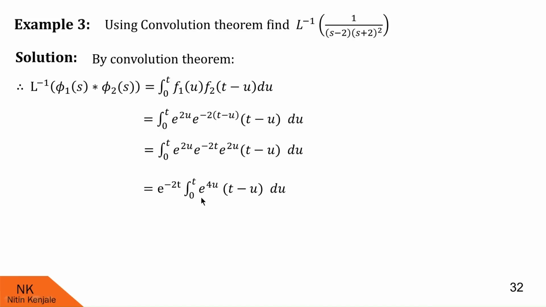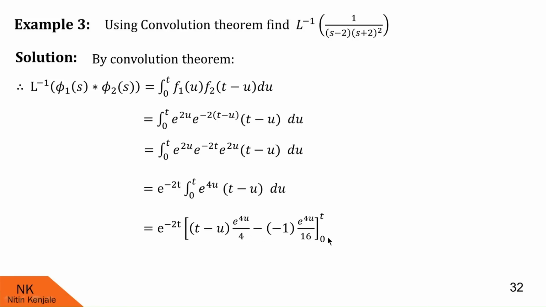In this, we are going to keep u as (t minus u) and v as e raised to 4u. So according to the by parts rule, the integration of this product is (t minus u) into the integration of e raised to 4u, which is e raised to 4u upon 4, minus the derivative of (t minus u), which is minus 1, because t is constant and minus u's derivative is minus 1, into the integration of this function, which is e raised to 4u upon 4, and into this 4 becomes 16.